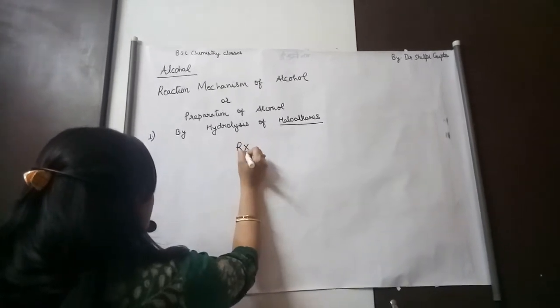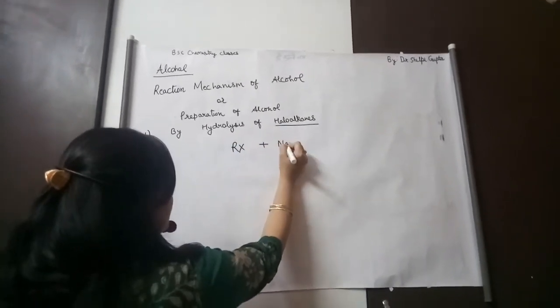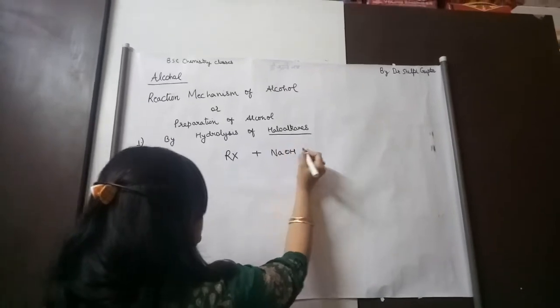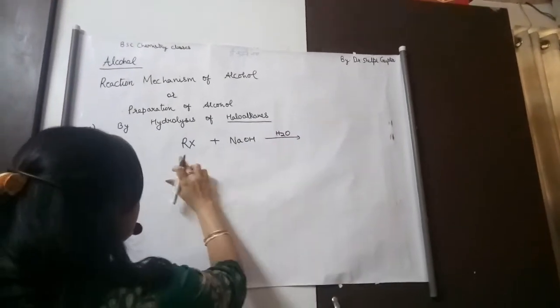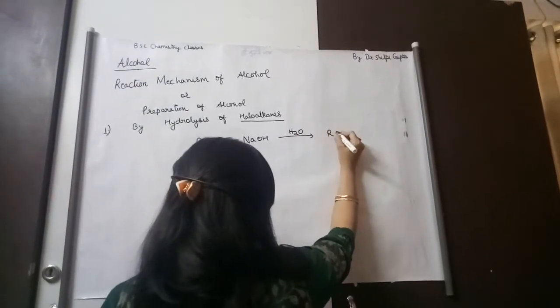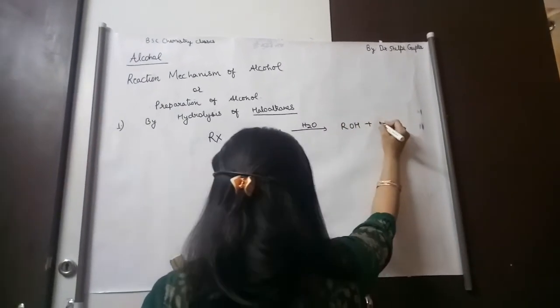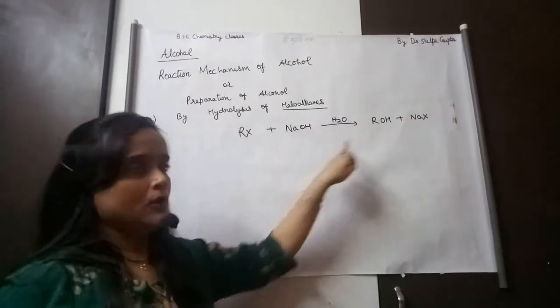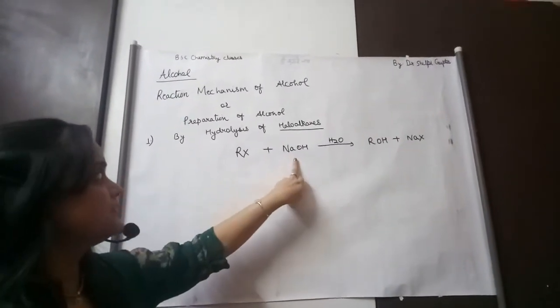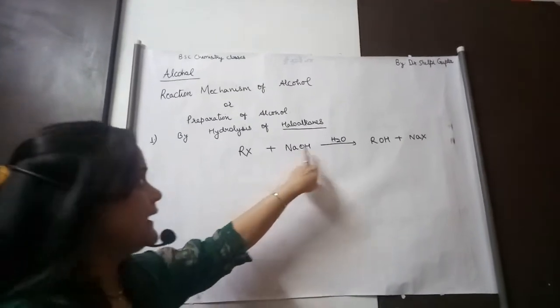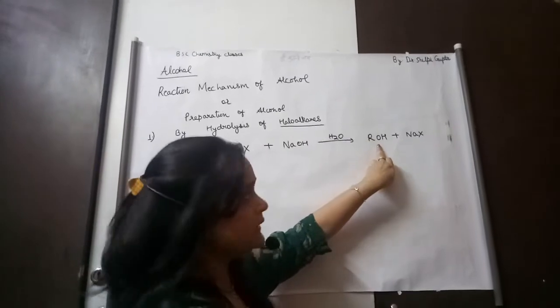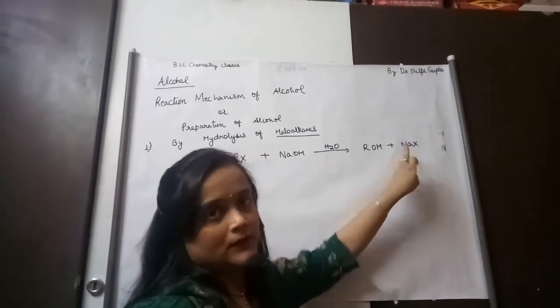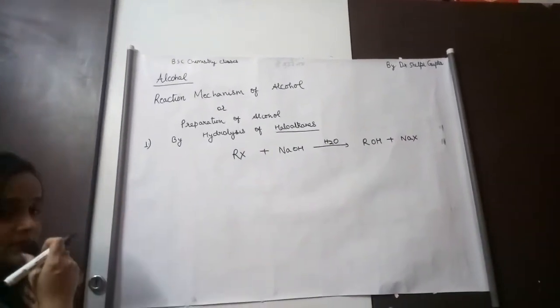When haloalkane is treated with sodium hydroxide and hydrolysis is carried out, what is formed is an alcohol and sodium halide.